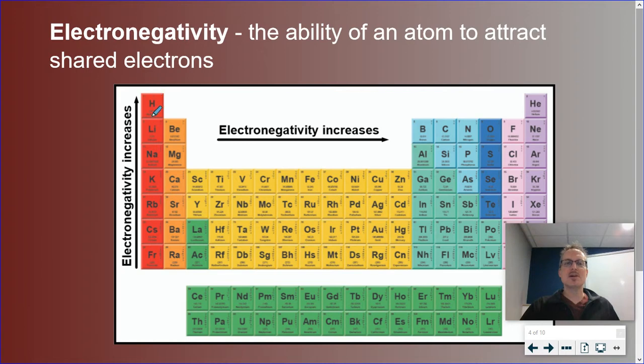Hydrogen is 2.2. But along with the numbers getting larger when we go up the table, they also get larger as we go from left to right. You'll notice that fluorine has the largest electronegativity value at 4.0. It has the most ability to attract electrons. It's going to pull harder than anything else on that table. It wants those electrons. It wants that negative charge.